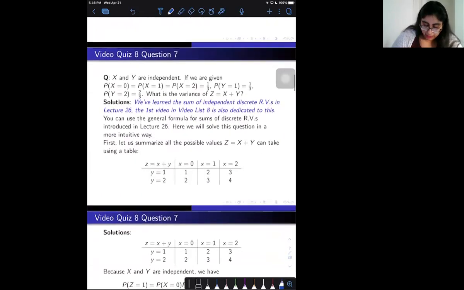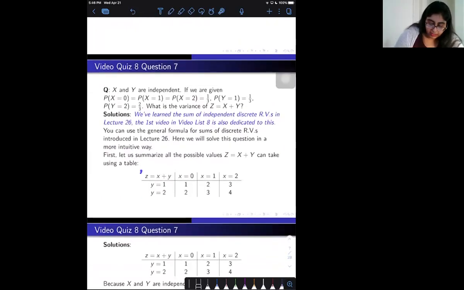So if we go down here, we made a table where z is the sum of x and y. X can take 0, 1, and 2, whereas y can take only 1 and 2. Since we are summing x and y, the first entry here is x equals 0 plus y equals 1, which is 1, then x equals 1 plus y equals 1, which is 2, and so on.